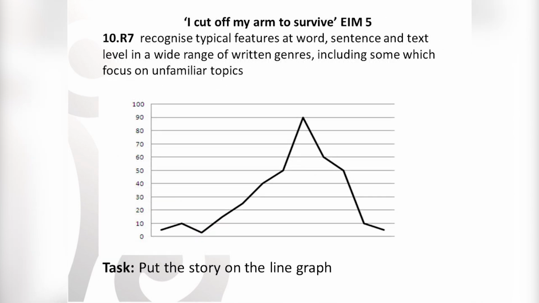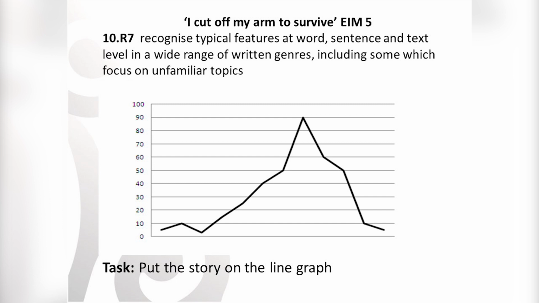The survey presented the results that some teachers experience real difficulties when they work with the learning objective, recognize typical features at word, sentence, and text level in a wide range of written genres, including some which focus on unfamiliar topics. Here you can see the example of the task which could be suggested to our students.